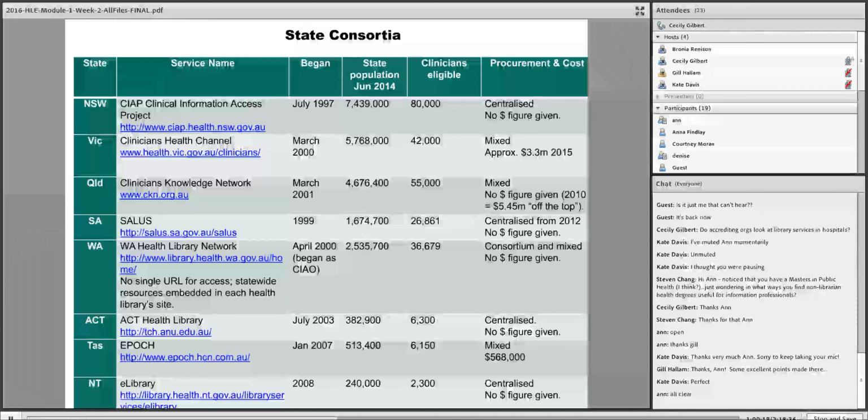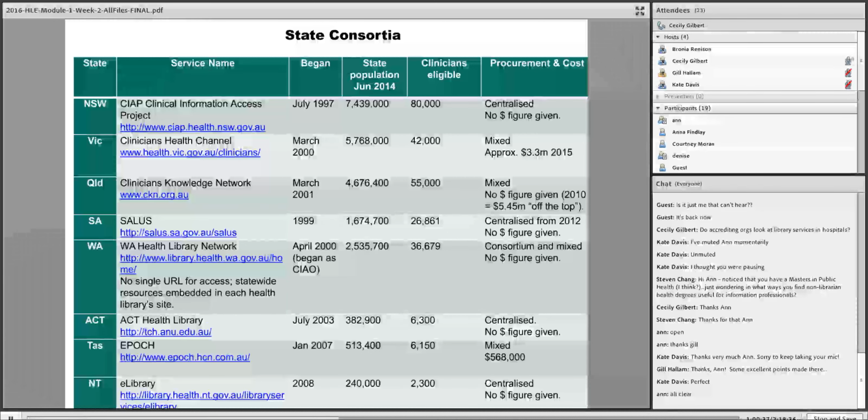What I haven't been able to get, and it's a pity really, is pretty strong indications of what the spend is each year for those clinical product bundles. A lot of that information is withheld because it's a commercial arrangement and can't be shared. It's commercial in confidence.